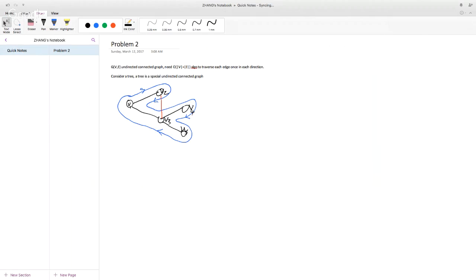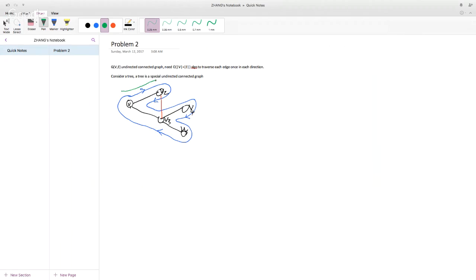The blue path does not work for this graph, but it does work for part of the graph. Let's try to modify this blue path to see how it goes.